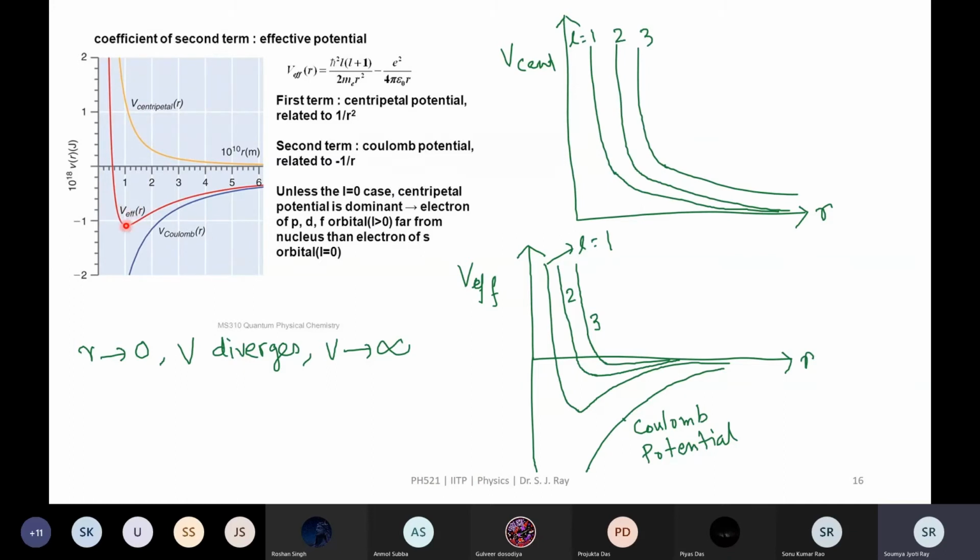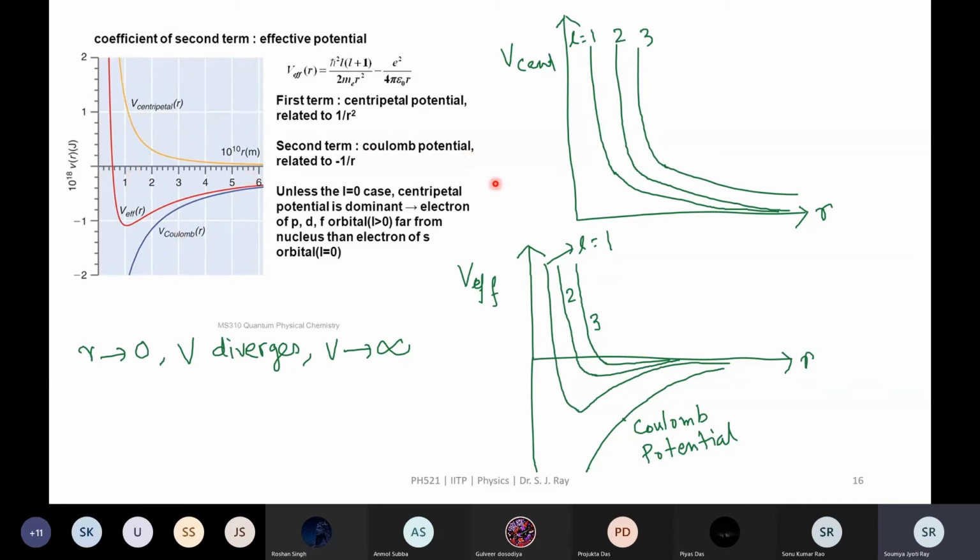Any particle or system governed by this potential will have an equilibrium position, or energy minimum. At higher values of r, the potential will increase slightly and reach almost a constant value, and at smaller values of r, it will diverge.